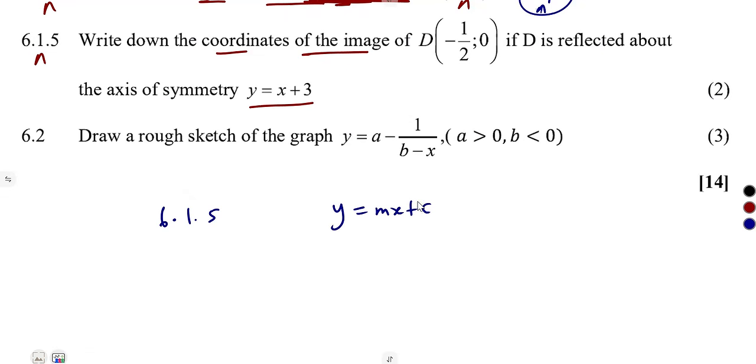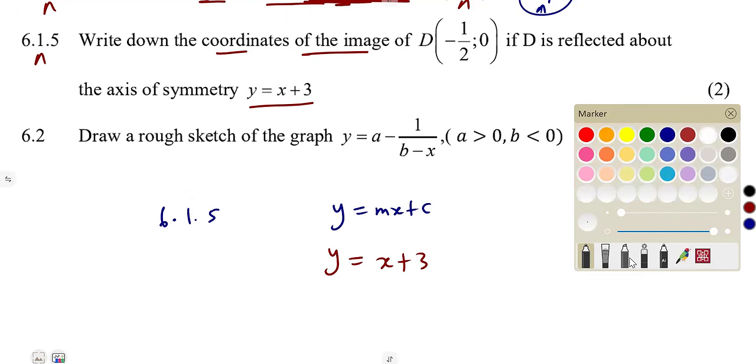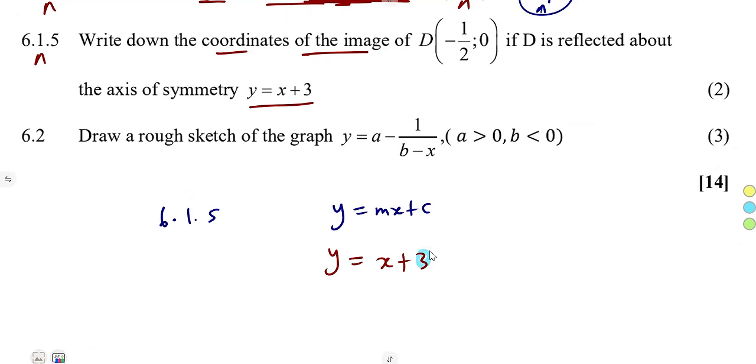How to transform a point over a line of y is equal to mx plus c, such as y is equal to x plus 3 as we are given. So the best thing that you focus on is the constant that you're given. So our constant here is 3. So do not worry, even if they put a minus there or what, do not worry about that.